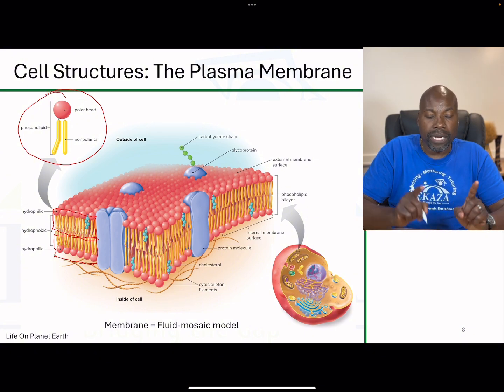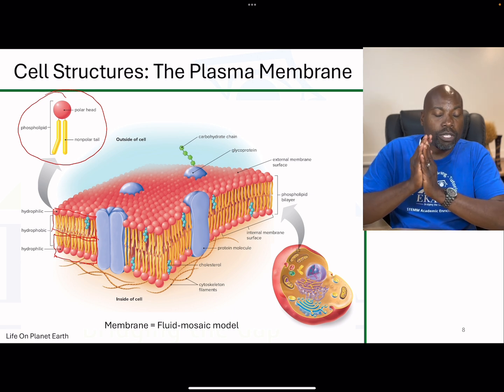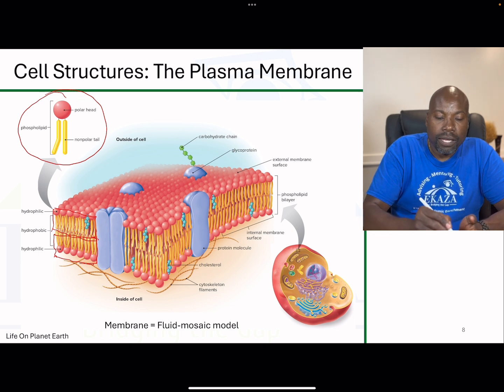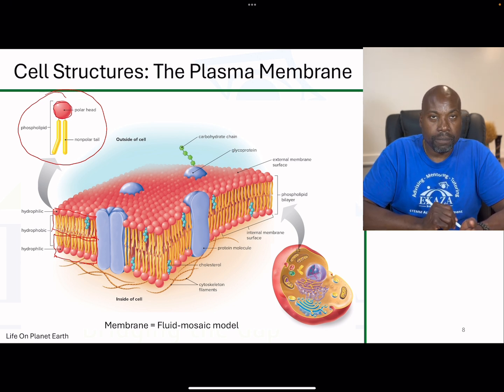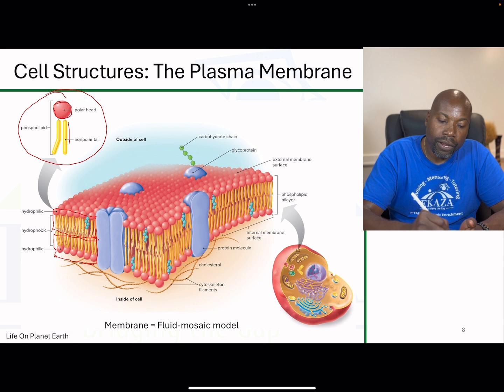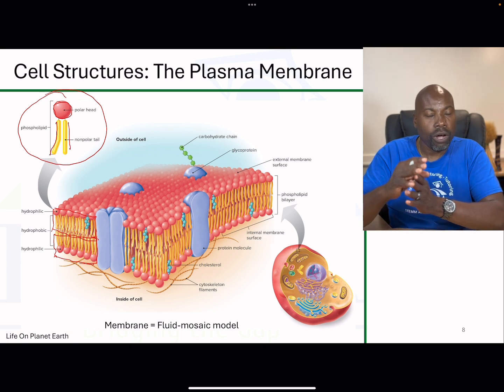That's a phospholipid bilayer, right? Now, what I want to attract your attention upon here is the characteristics of phospholipids in terms of physical behavior. In terms of physical behavior, the head in red here is hydrophilic, right? It's a hydrophilic head, so it can tolerate water. The tails here are hydrophobic. They do not tolerate water.